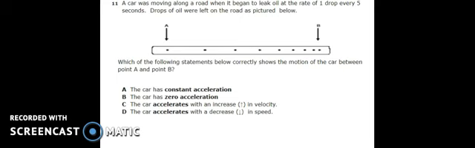A, the car has constant acceleration. B, the car has 0 acceleration. C, the car accelerates with an increase in velocity. Or D, the car accelerates with a decrease in speed.